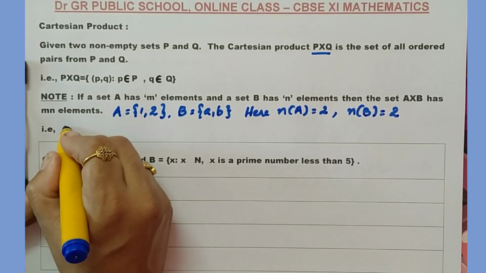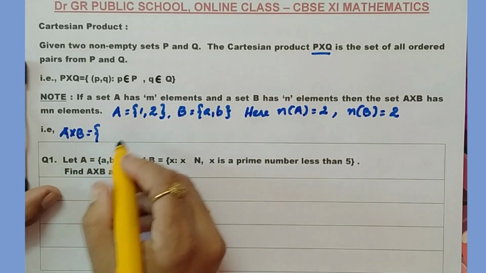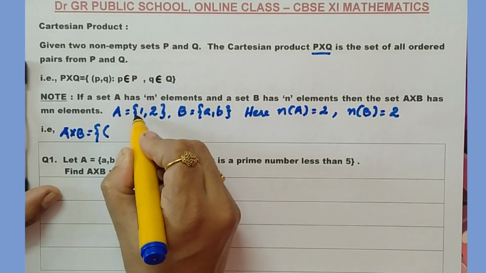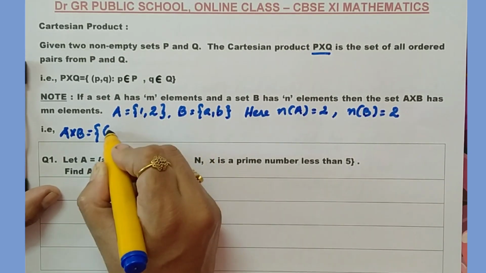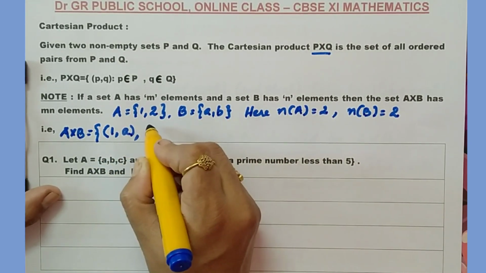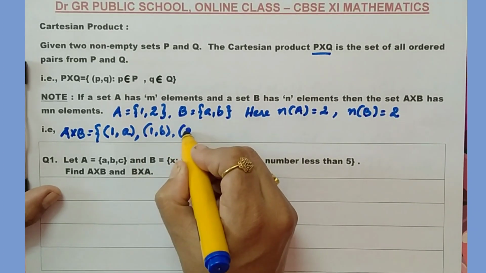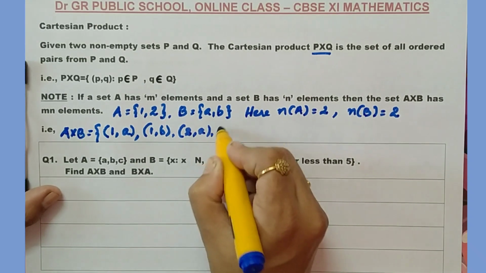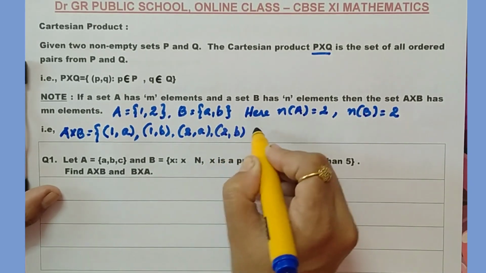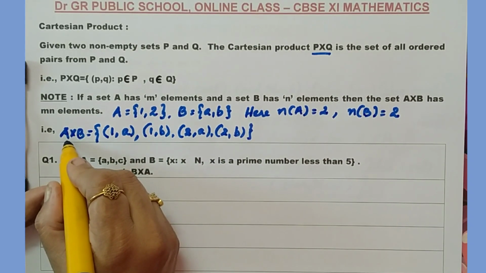Now, I am going to find A cross B. You know what A cross B is? The collection of all ordered pairs in which the first element you take from the first set: (1, a), then (1, b), then (2, a), the next one is (2, b). These are the possible ordered pairs and their collection can be written as A cross B.